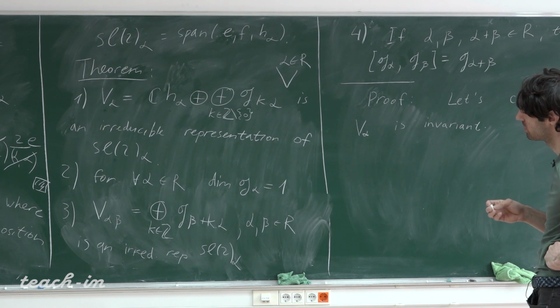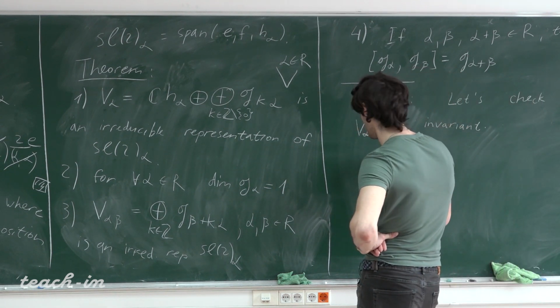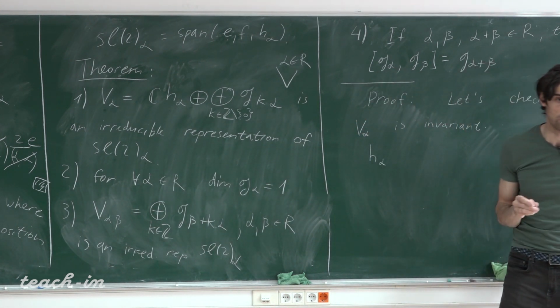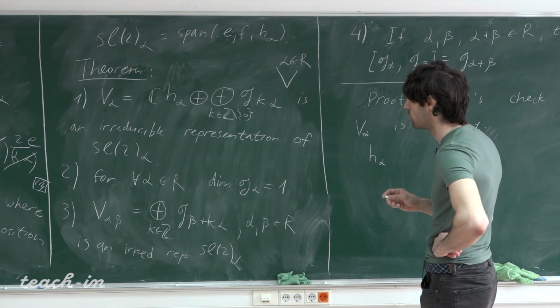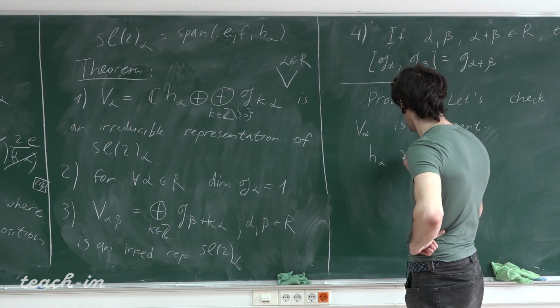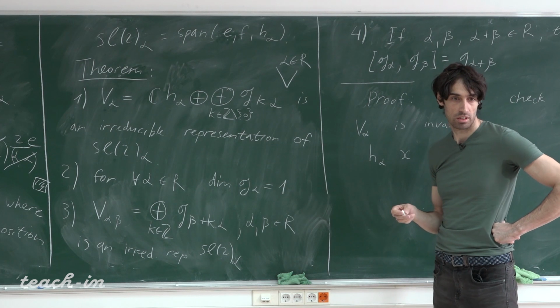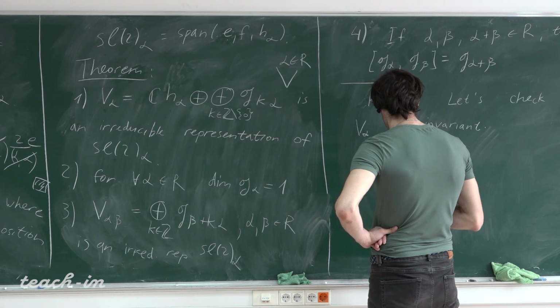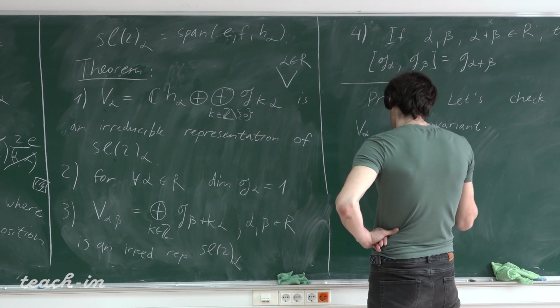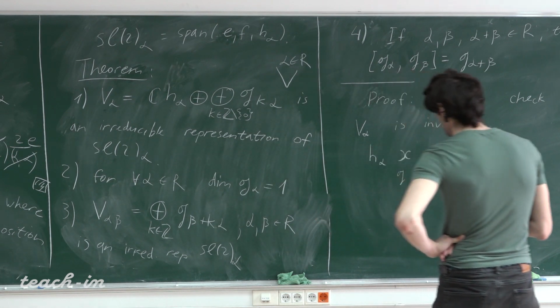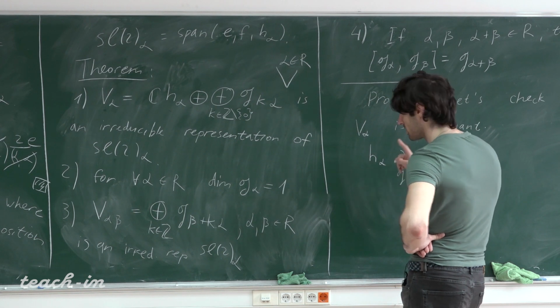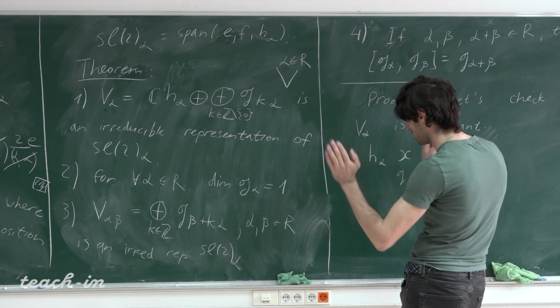Maybe we will not do all of them. So one important one is the following. I take H alpha, an element of the SL2 triple, and act on something from G K alpha. Right, so this is easy, but let's finish it anyway.